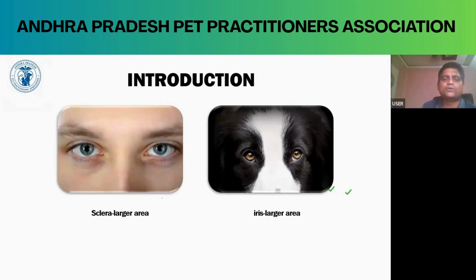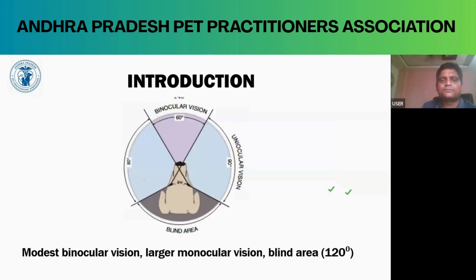So here, what I want to tell is, whenever we see the frontal view of human beings, we will see the sclera, which is a larger area that covers the eye. Whereas in the case of canines, we can clearly appreciate the iris as a larger area compared to the sclera. The sclera, we will observe a little bit. This is a comparison between the frontal view of the human and the canine eyes.